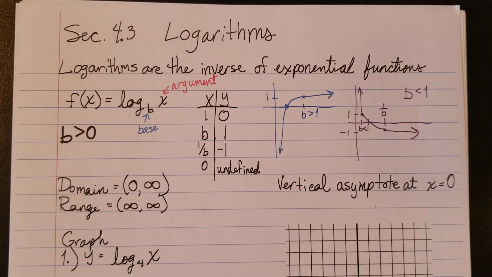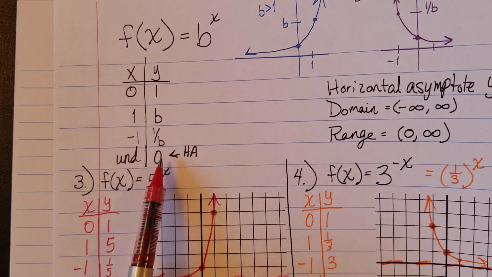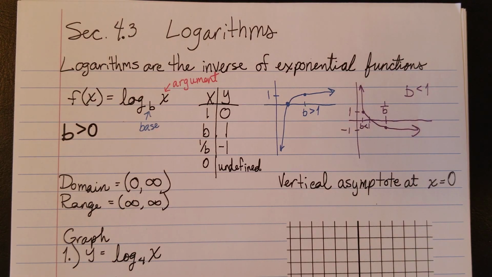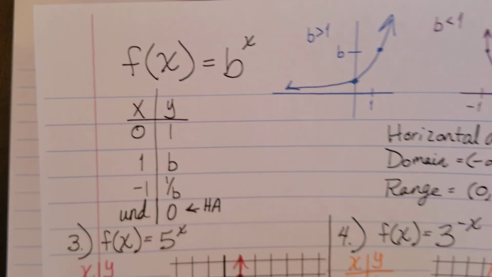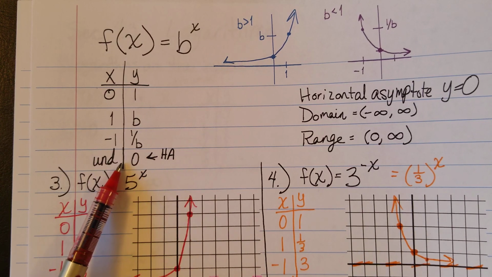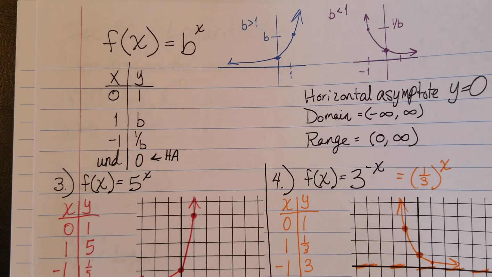Because logs are the inverse of the exponential function, like I said about inverses, you basically just switch your x and y. So this table is the same as my table for exponentials, except I just swap the columns. To me, it's easier to remember the exponential function and its table because it's a little more familiar, like we know b to the power of 1 equals b and all that.